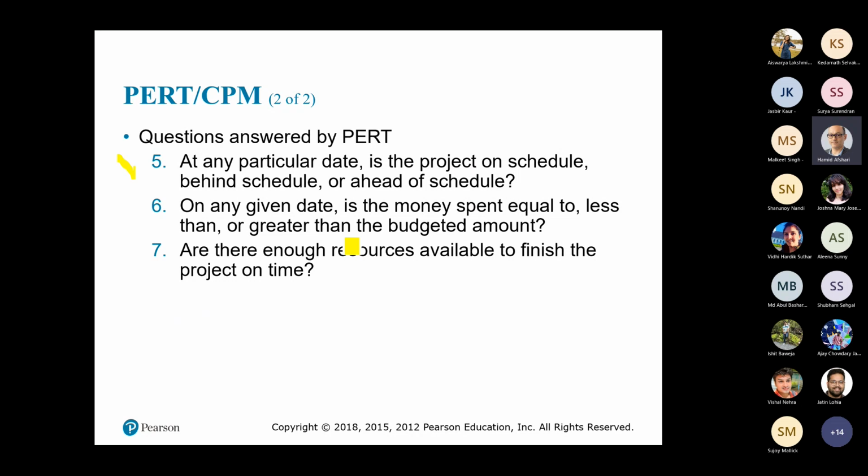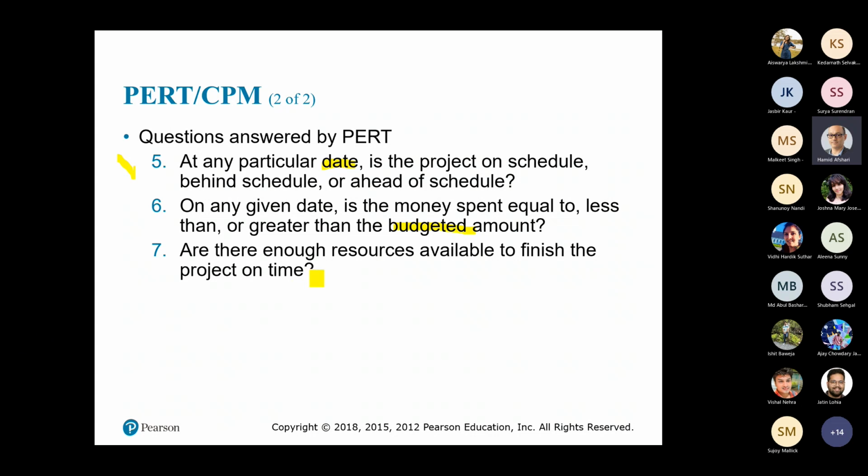So are you over budget? Are you under budget? Or are you at the right place? So you can look at the projects from the time perspective and also from the budget perspective. That's the good thing about the PERT CPM technique.